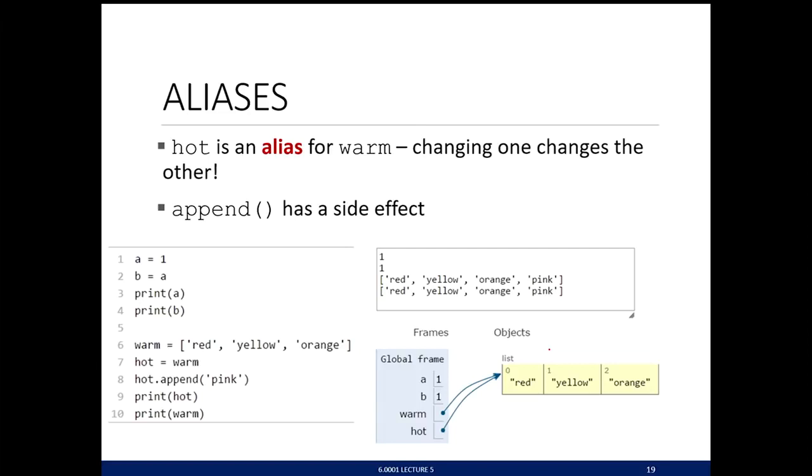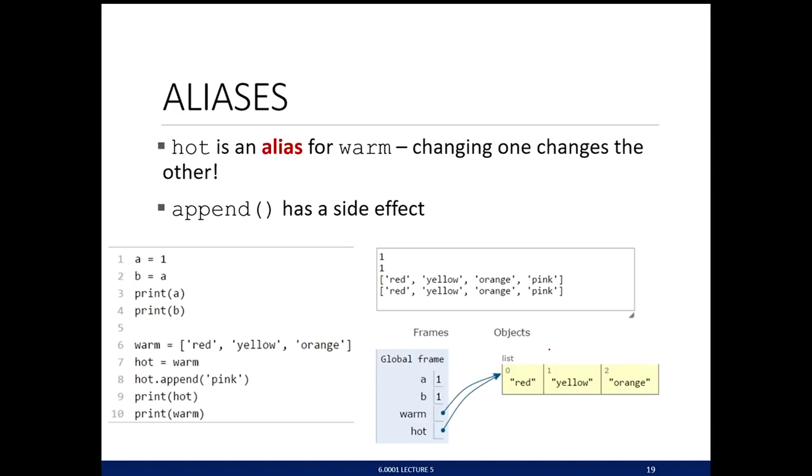I have warm as a variable, and it's going to be equal to this list. So warm is going to point to this list here, red, yellow, orange. It contains 3 elements. hot is equal to warm means I'm creating an alias for this list, and the alias is this variable hot. So notice warm and hot point to the exact same object.